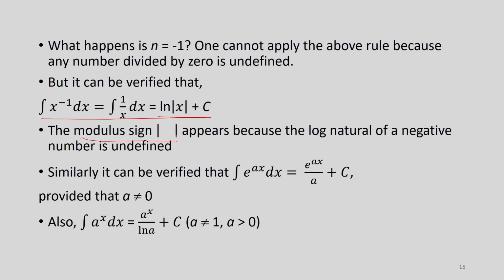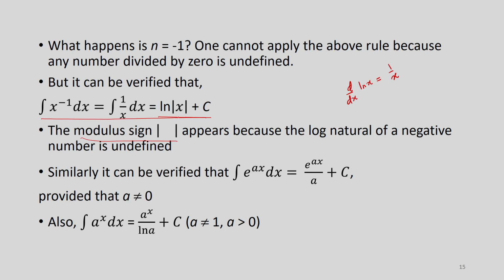Remember why we are writing it, because we know if I take the derivative of log of x, then it becomes 1 divided by x. So, if I integrate 1 divided by x, I should get back log of x, and there is this plus c, which is the constant of integration.